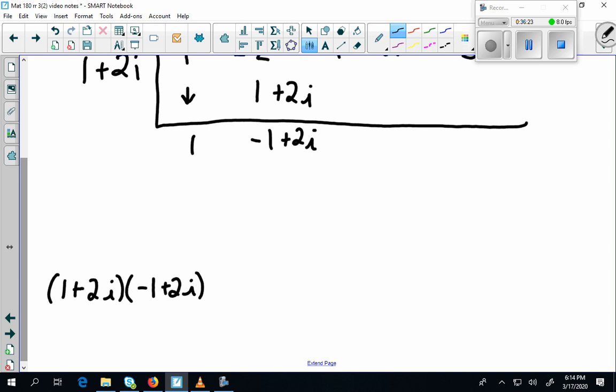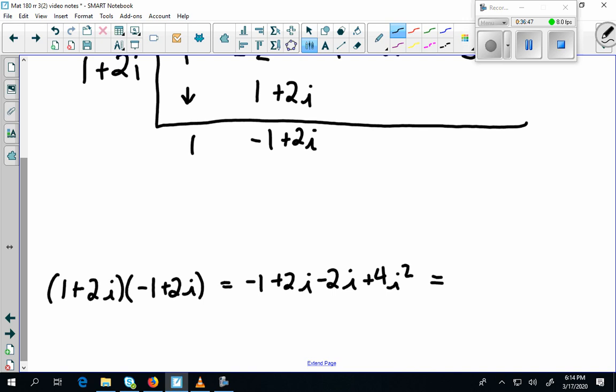And when I do that, I should get -1 plus 2i, look how nice this is, minus 2i, look at that, plus 4i squared. Oh, but i squared is just -1, so that's going to simplify, because there's 2 i's, they just drop out.